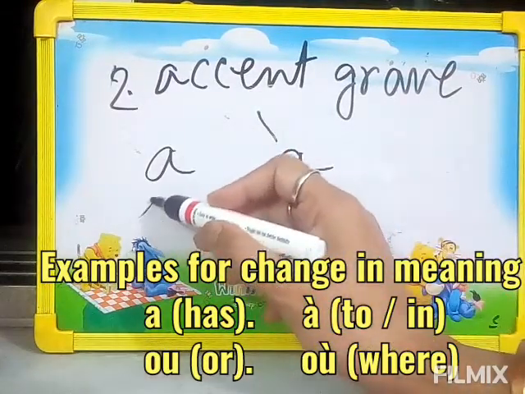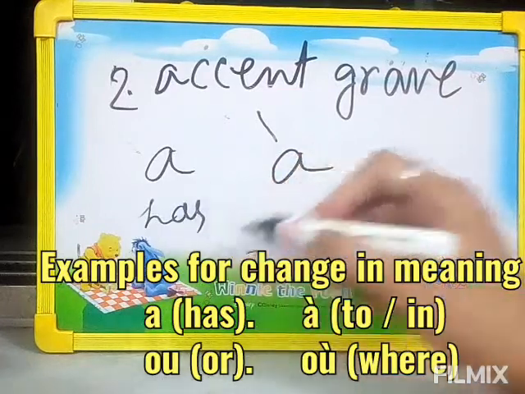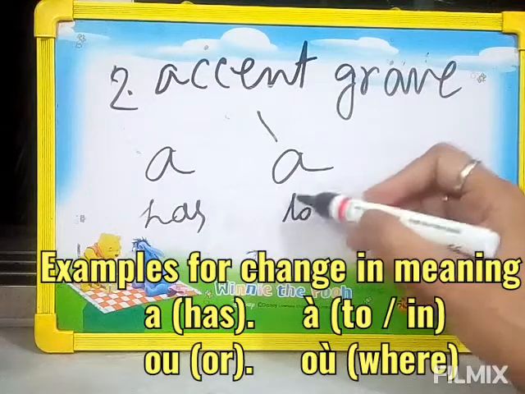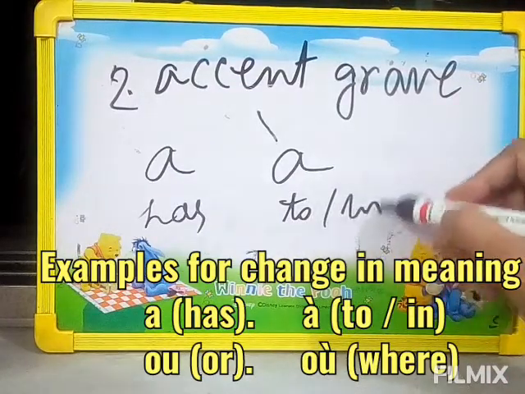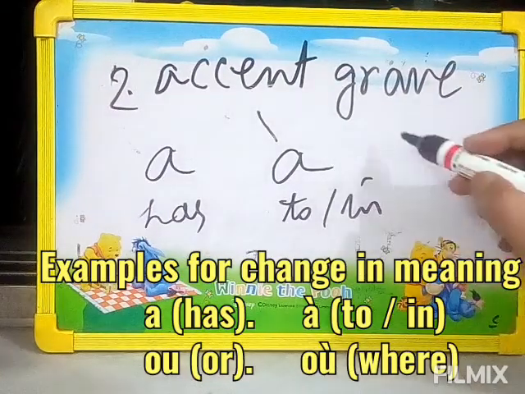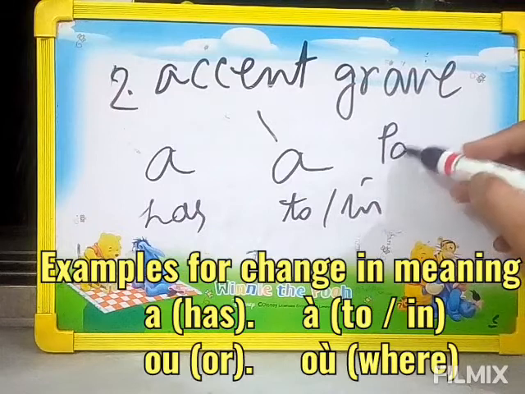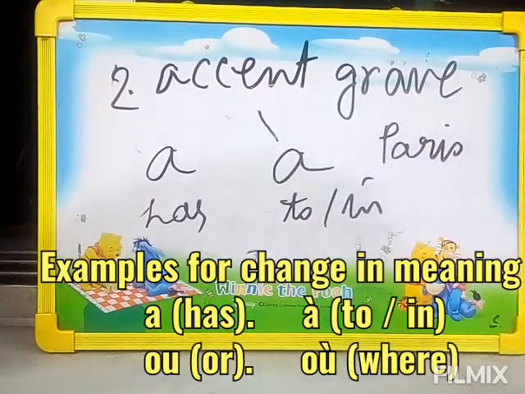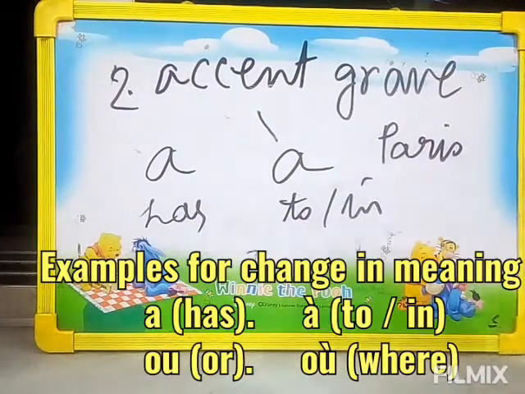But A means has in English, and A with accent grave means to or in. It is a preposition. Say, if you want to express in Paris, your words will be à Paris. That means in Paris or to Paris.